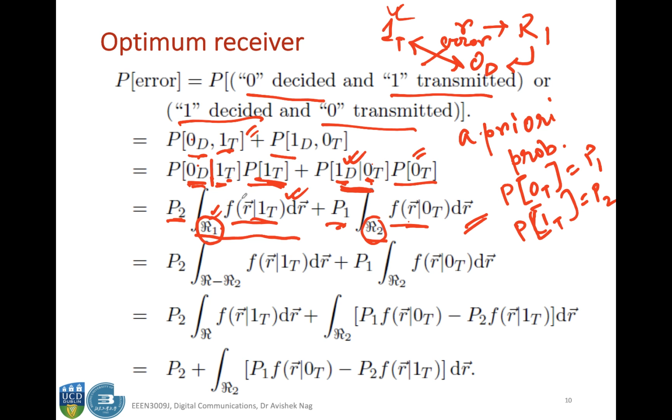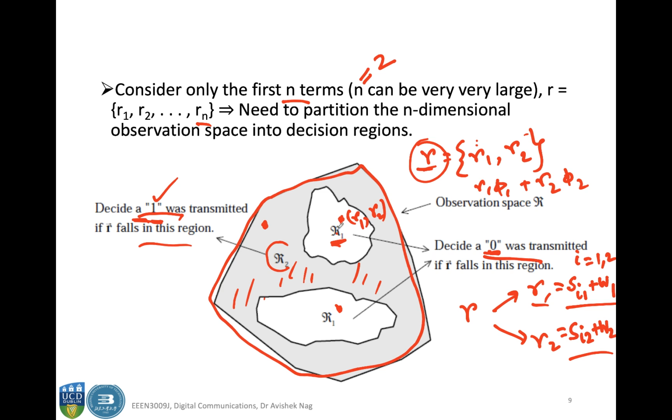And this is written as the a priori probability times this integral over all points in R1 plus the a priori probability P1 times this integral over all points in R2. So now you can make a little adjustment. You can write R1 as R minus R2, because whatever is falling in R1 is the points that don't fall in R2. So these two spaces are mutually exclusive.